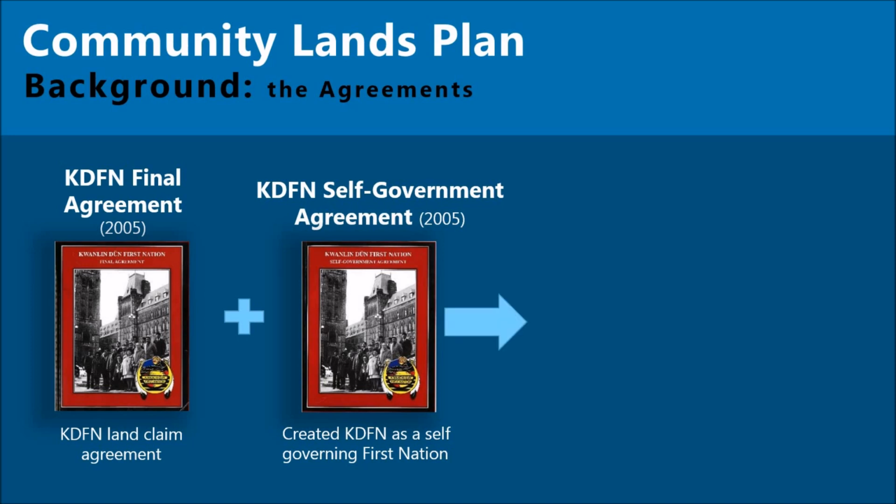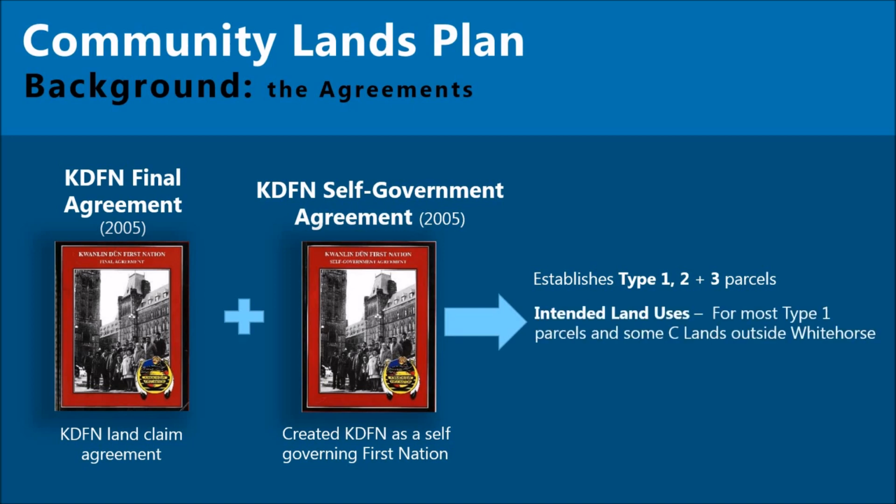And out of the self-government agreement, you have this system that establishes the type 1, 2, and 3 parcels, which I spoke of earlier. And for the type 1 parcels, most of the type 1 parcels and some of the community lands outside of Whitehorse, they are given an intended land use.